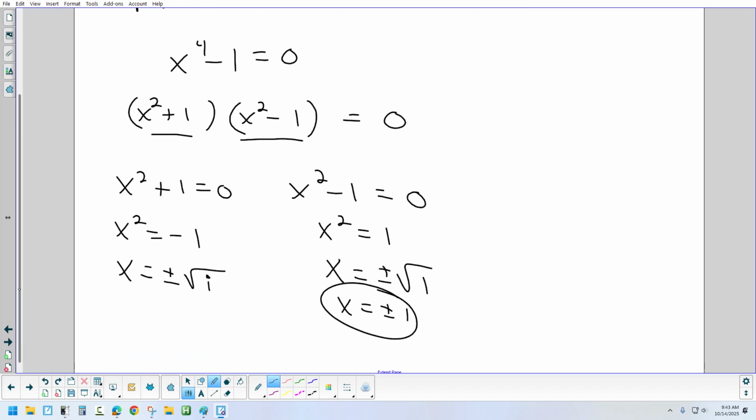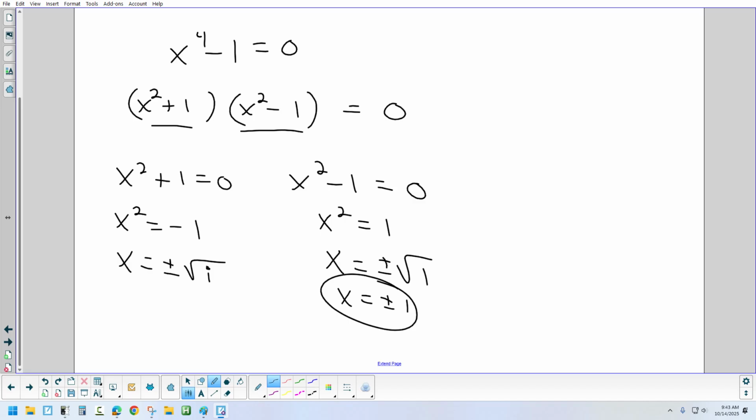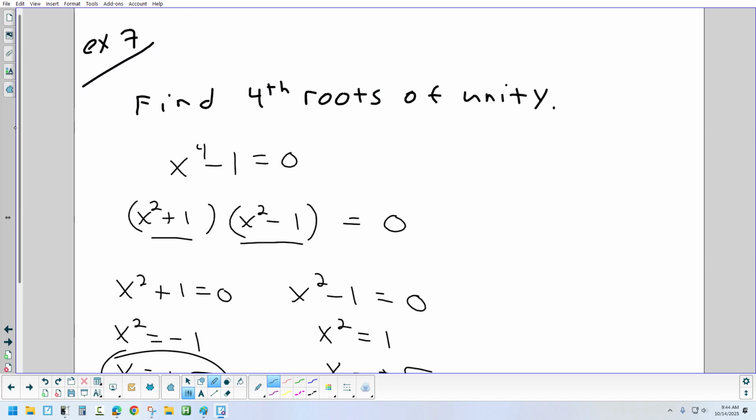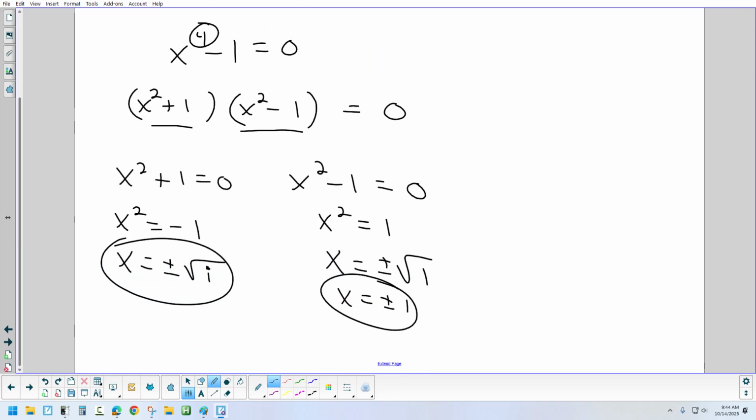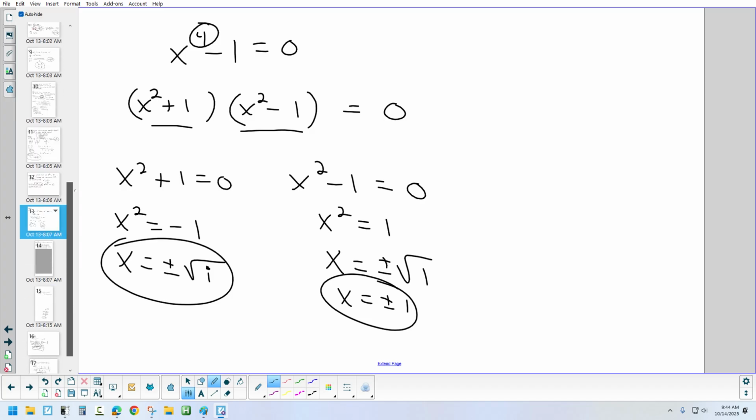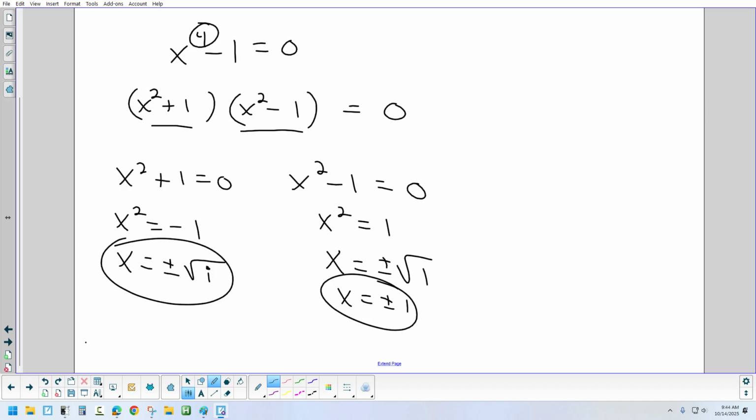So here, if you want to write all your answers out, the four answers are 1, negative 1, i, negative i. So you're always solving for as many answers as that highest exponent. Any question on that?